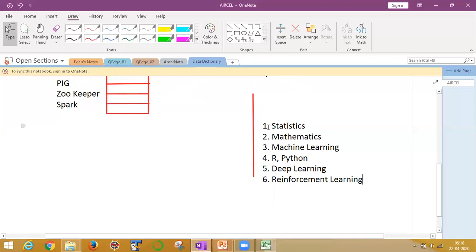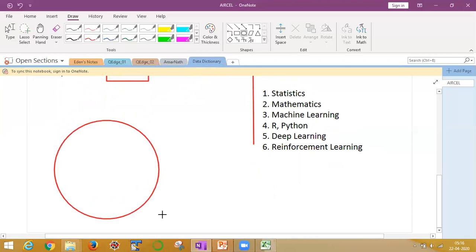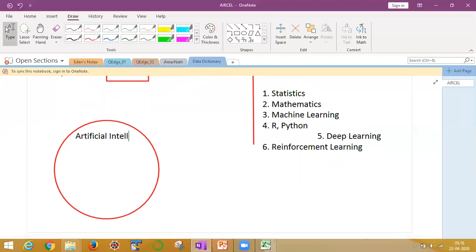So this is how things developed. People gave a big name to this whole platform: AI, artificial intelligence. This terminology AI is a big umbrella.